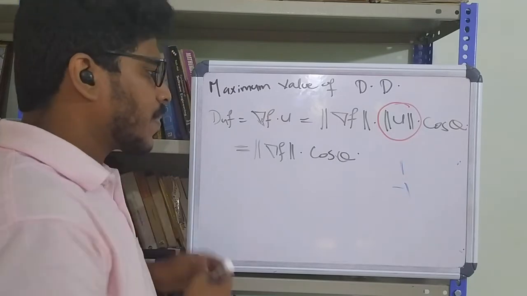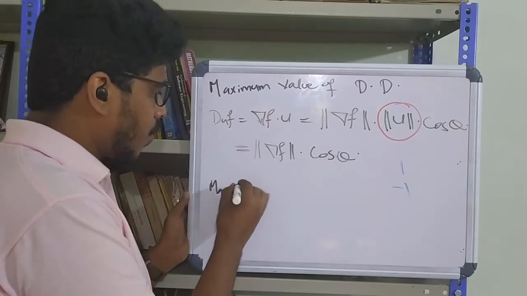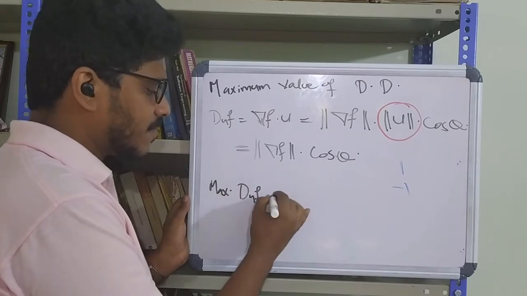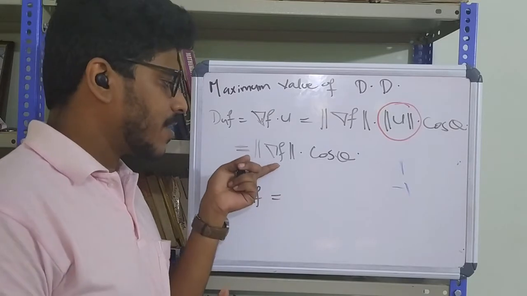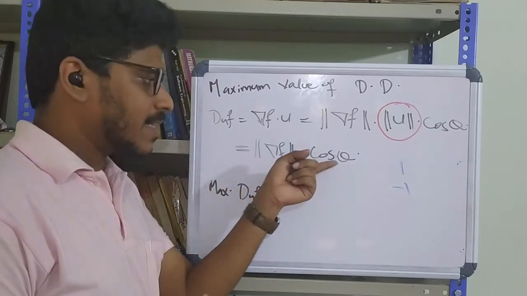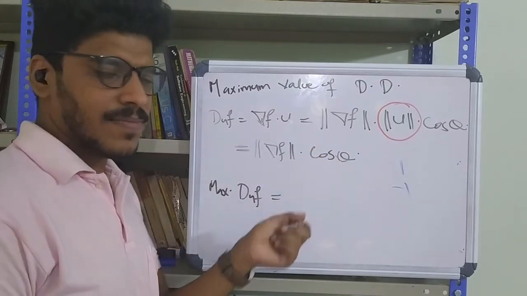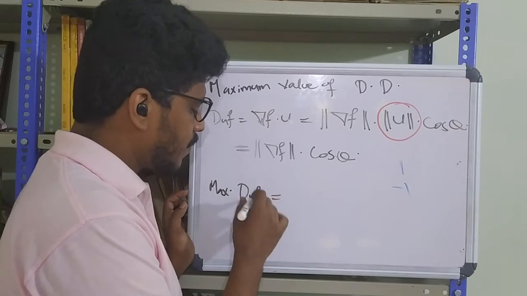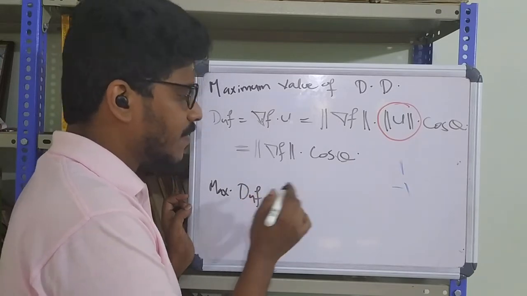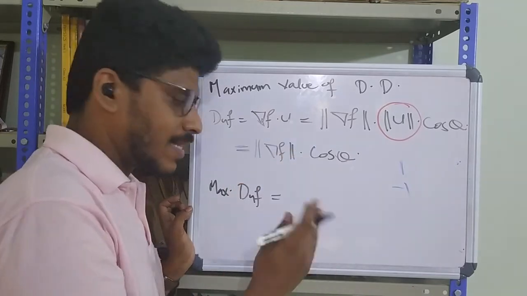Using that fact, we can claim the following about the maximum value of the directional derivative. If we have a fixed f, the gradient of f is constant. We can think about changes in the unit vector, so theta may change. For that reason, the maximum value of the directional derivative of f occurs when cos theta has its maximum value, that is 1.